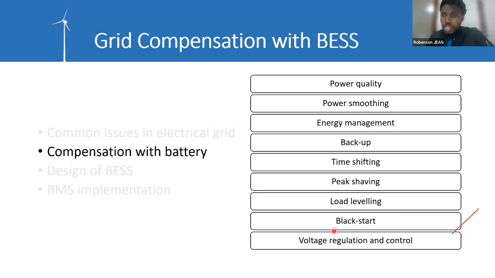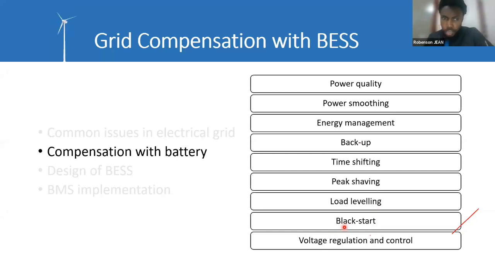Also, we have the black start. For instance, if we had a power outage, sometimes in order to start again with the conventional power plant, a power plant that is operating with fossil fuel, we are requiring power from the global grid in order to start with a little power plant.